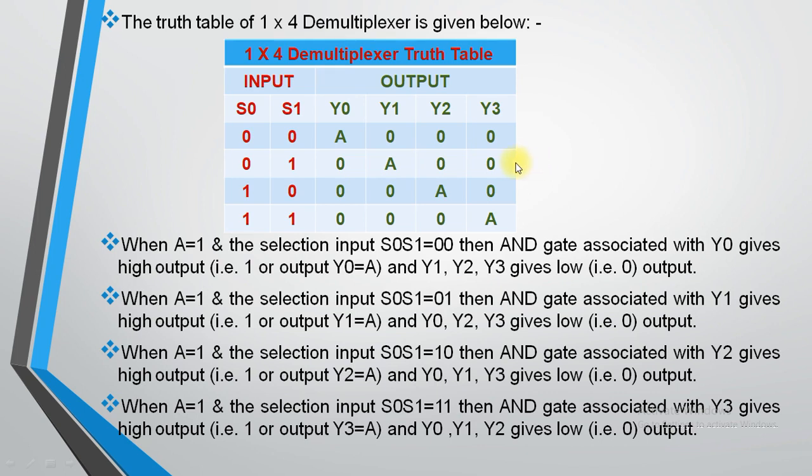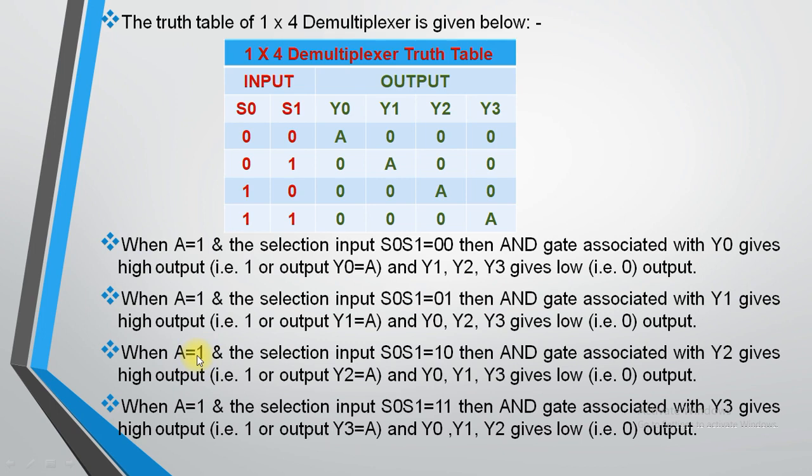If 0 is there, at that time output will not be generated. Keep in mind that your output is only high if the input is high. So for the high input, A equals 1 is the must condition you need to have.